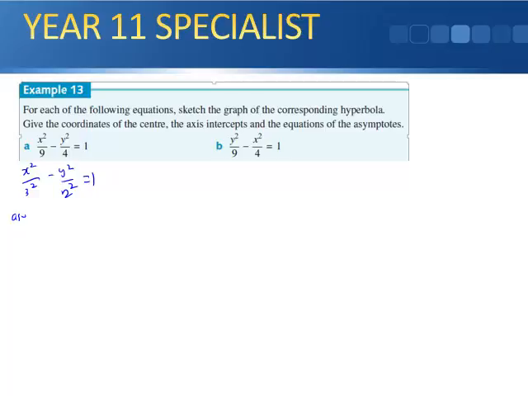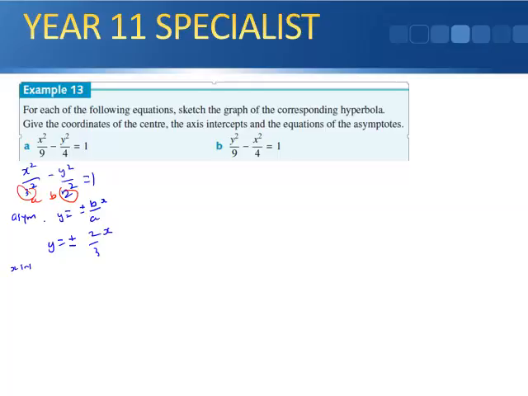So the asymptotes are y equals plus or minus b over a x, which means in this case I have y equals plus or minus, b is 2, a is 3, so I end up getting 2 over 3 x.